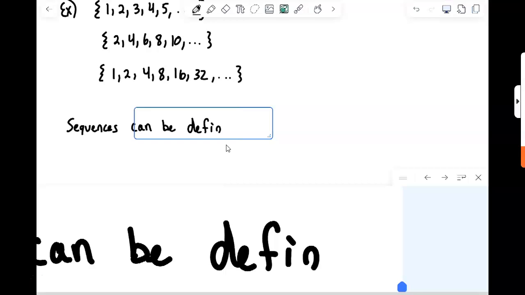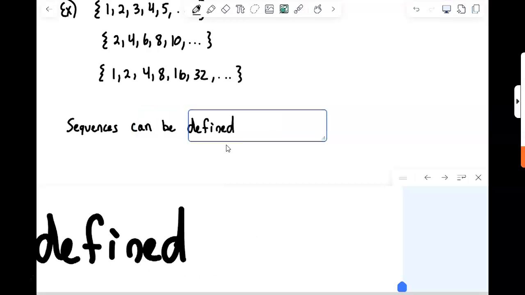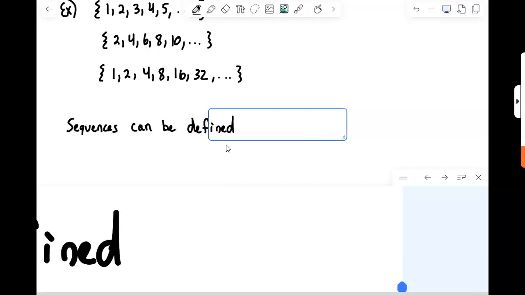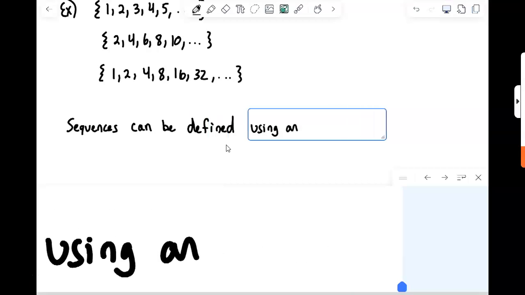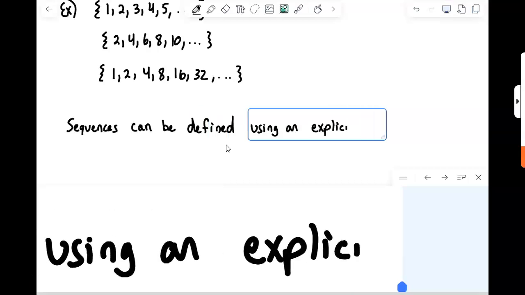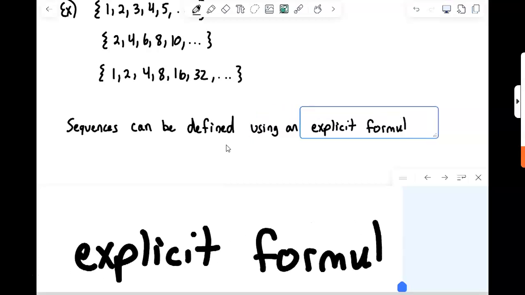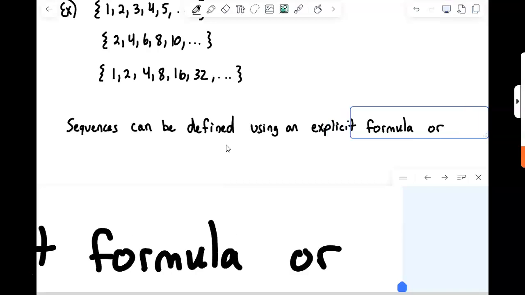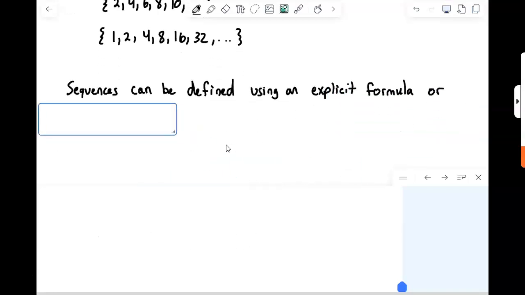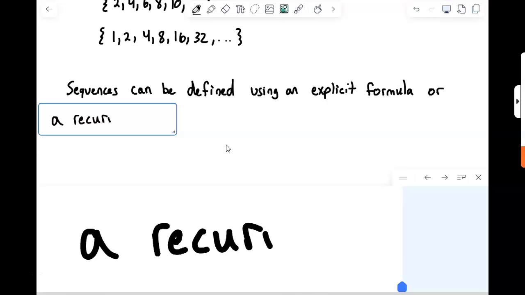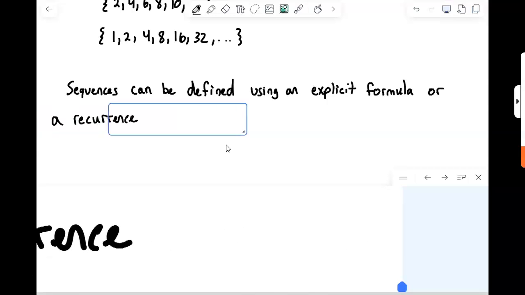The two ways we're going to be most interested in, the two ways we're going to be investigating, is that a sequence can be defined using an explicit formula, or the second way is by using what's called a recurrence relation.